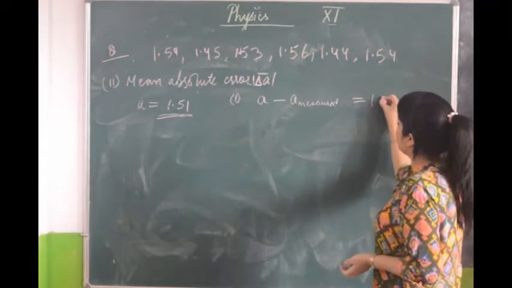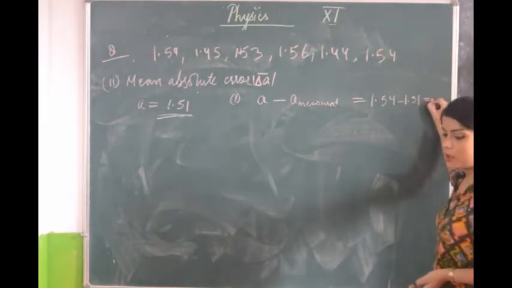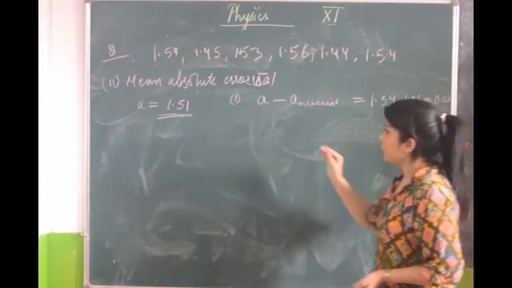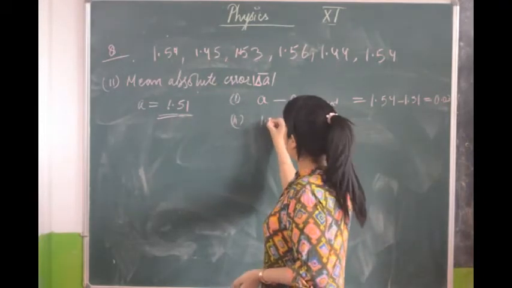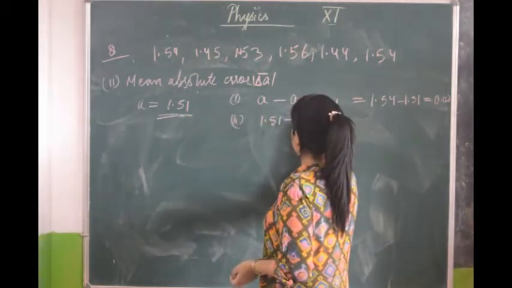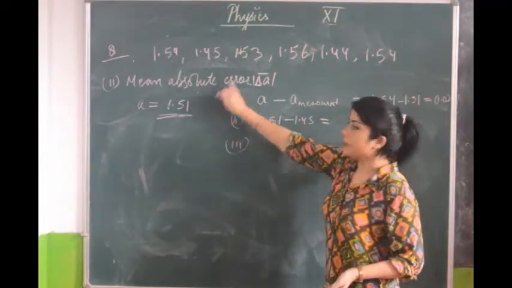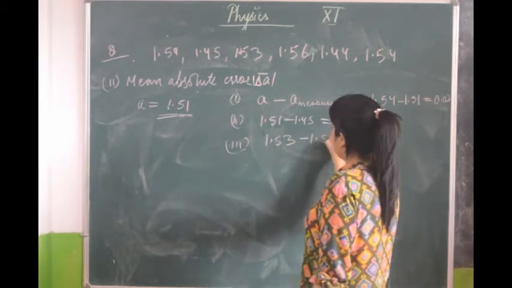So it is 1.54 minus 1.51, which comes out to be 0.03. For the second one, we can see this is greater, so 1.51 minus 1.45. In the third one, this one is greater than this one, so 1.53 minus 1.51.